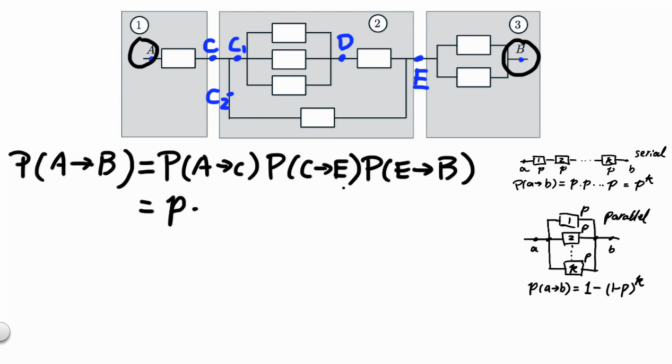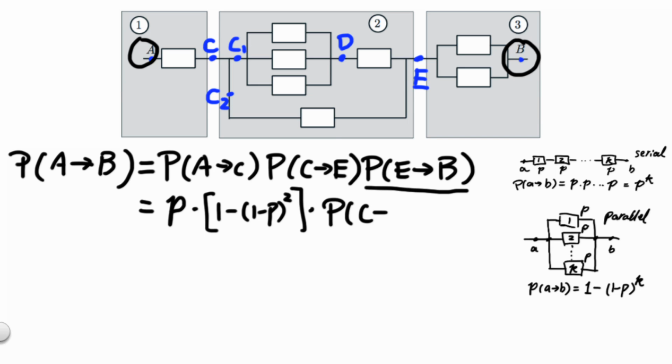And similarly, the probability of E to B is not that hard knowing the parallel structure here. We see that collection 3 has two components in parallel, so this probability will be given by 1 minus (1 minus p) squared. And it remains to calculate just the probability of having a good path from point C to point E.